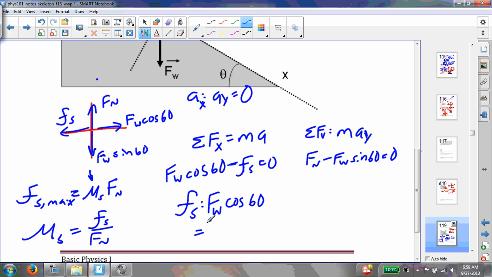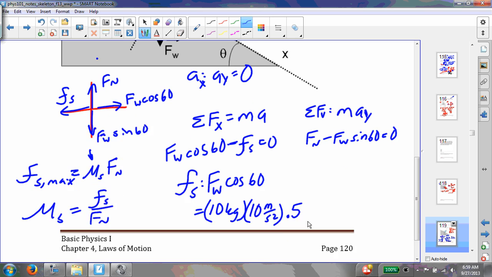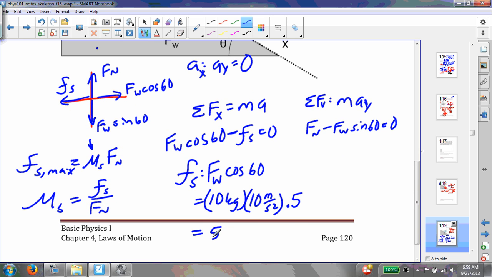I know the mass, which is 10 kilograms, times the acceleration due to gravity. I'm just going to call this 10 meters per second squared, or you could say 9.8. And then the cosine of 60 is 0.5. So that gives me 50 newtons.